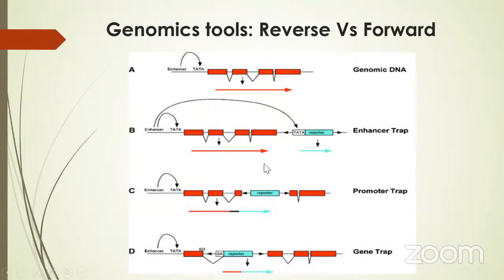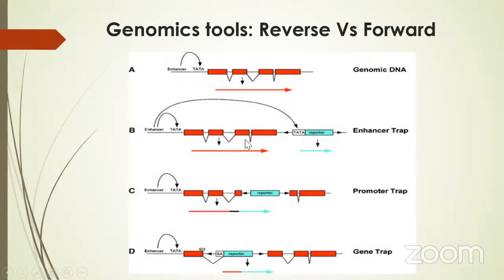So if I have to identify whether this gene is controlled by an enhancer or not, just upstream of the gene we will put a minimal promoter along with a reporter gene. If this reporter gene is expressing, that means an enhancer is controlling the gene of interest.